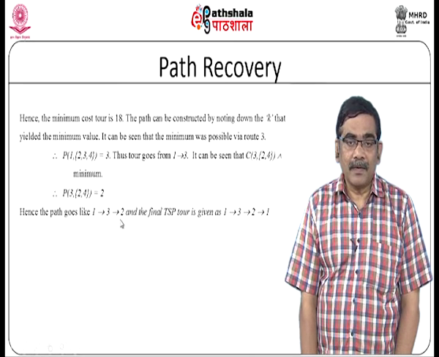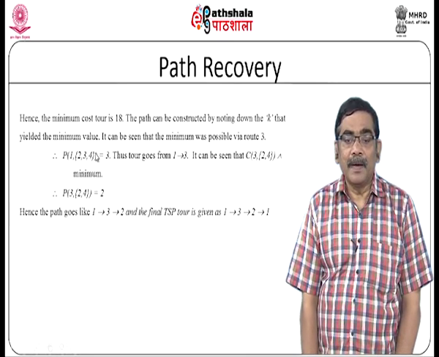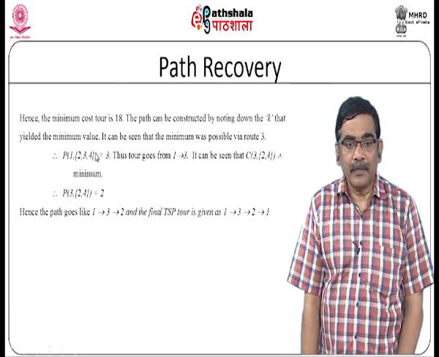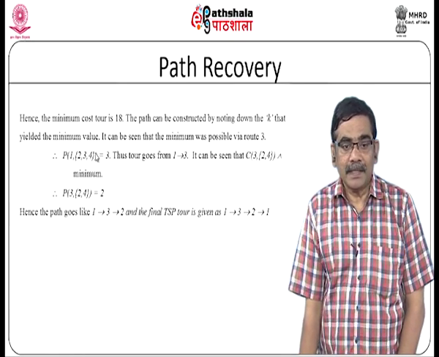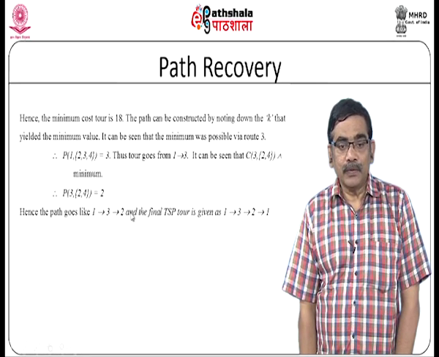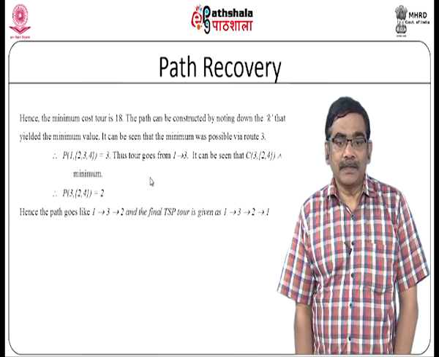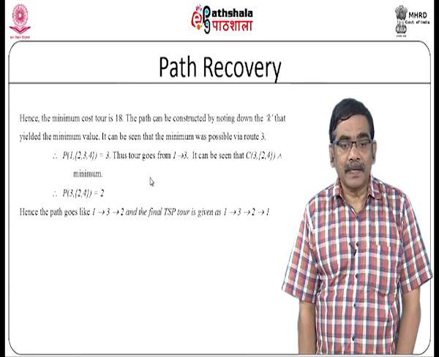There are only 4 vertices. So, 1 3 2 is visited, therefore, I can go back to city 1. In other words, I will visit 1 3 2 4 and then I will go to 1 again. So, this is the path recovery of this particular problem.